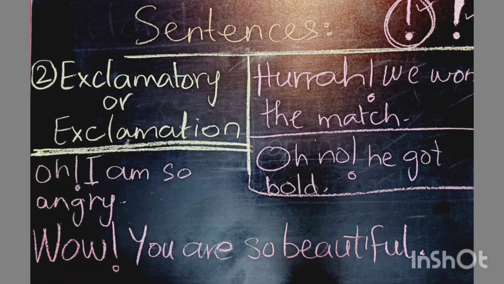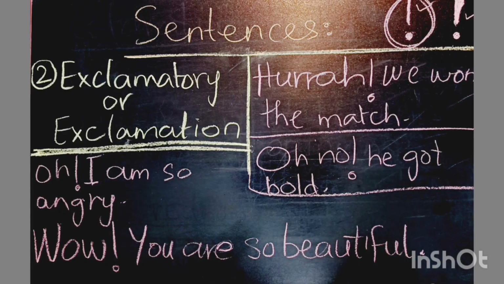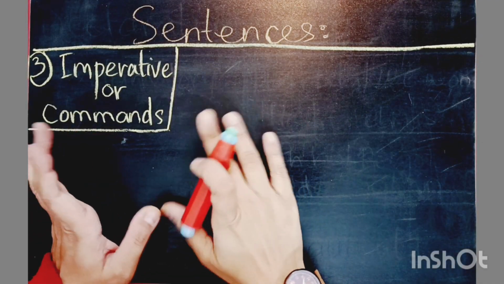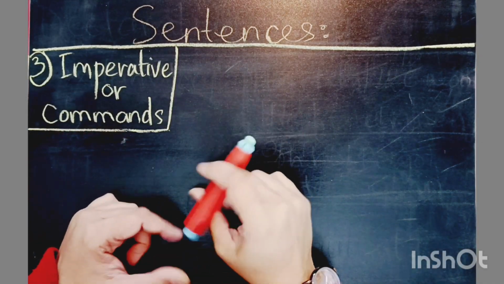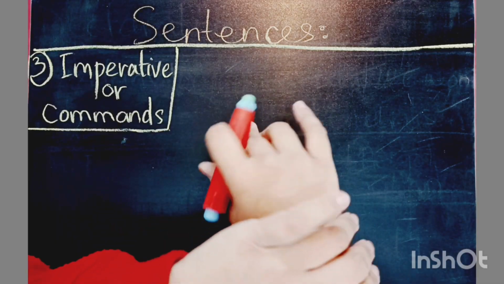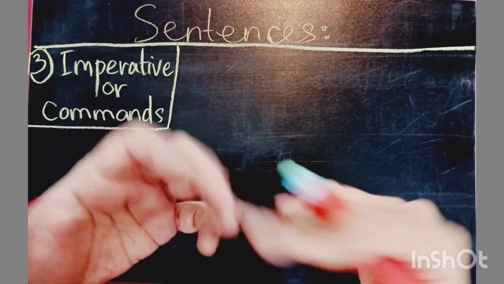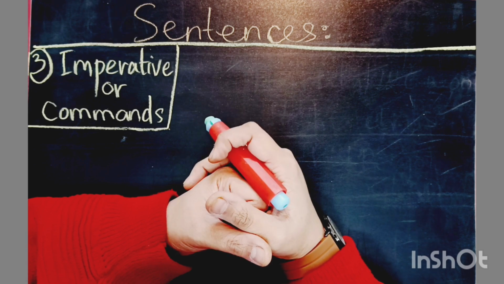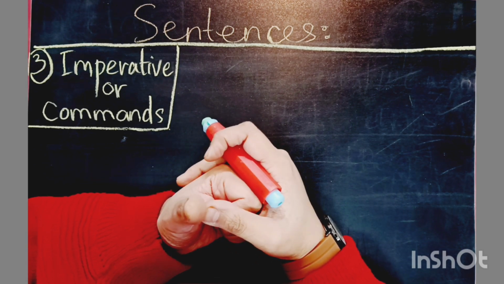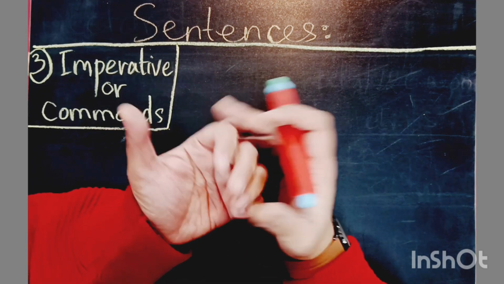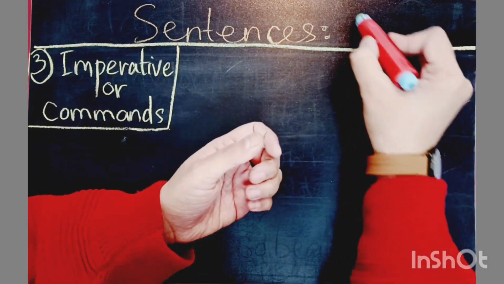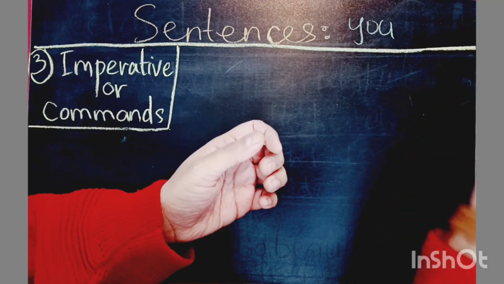Okay, let us move towards the third form of the sentences, that are imperative sentences. So coming towards the imperative and command sentences, actually these types of sentences give commands, requests, instructions, or warnings, usually starting with a verb or implying the subject you.